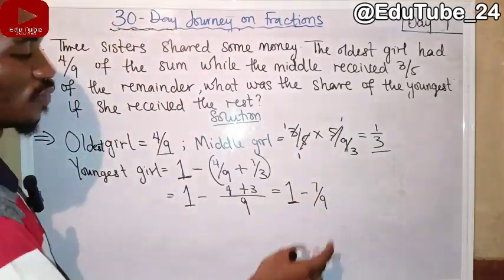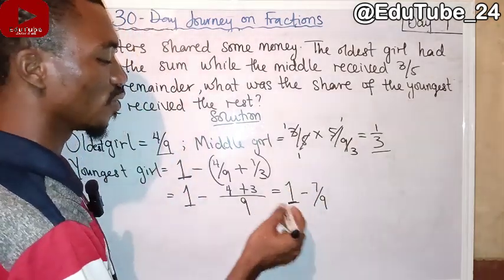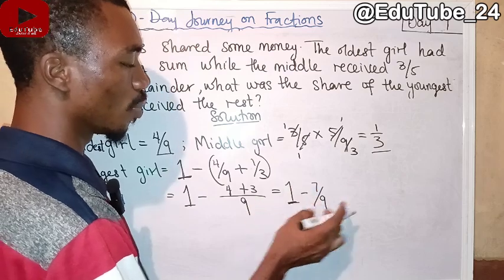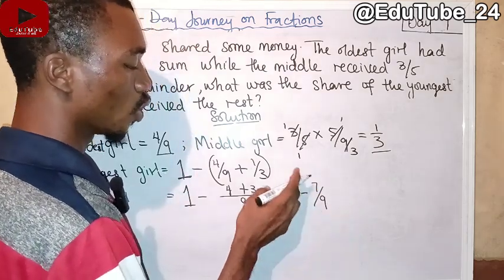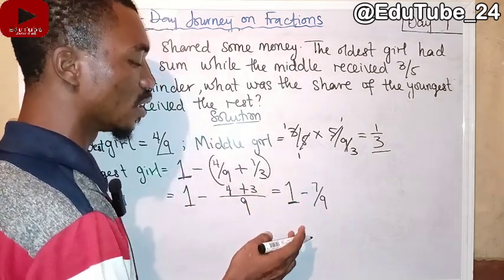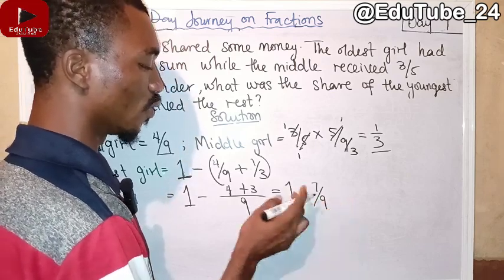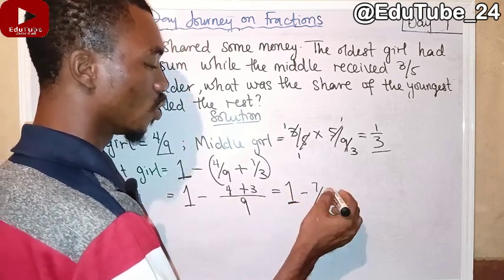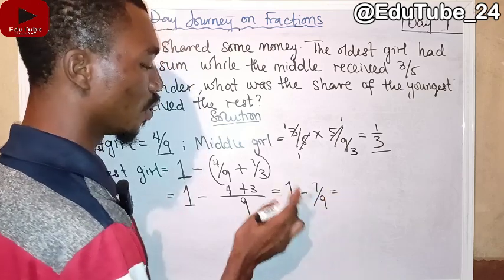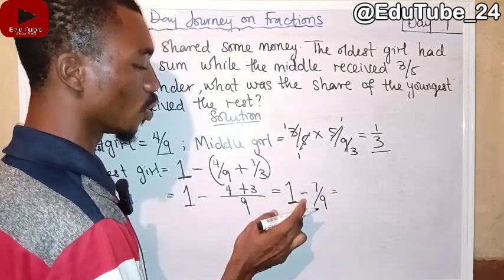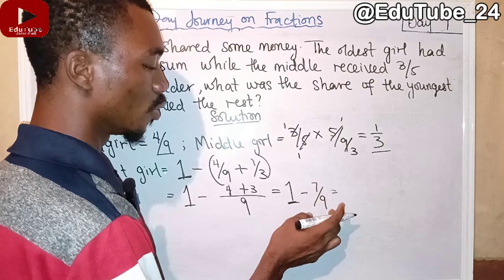Now, 1 minus 7 over 9. This 1 is a whole number and this is a fraction, so we are going to rewrite this 1 as a fraction with the same denominator as this.